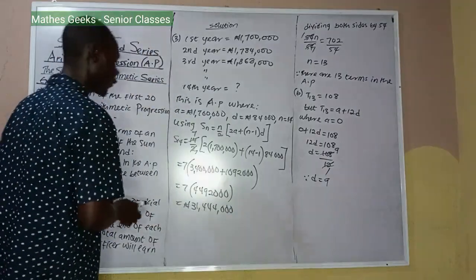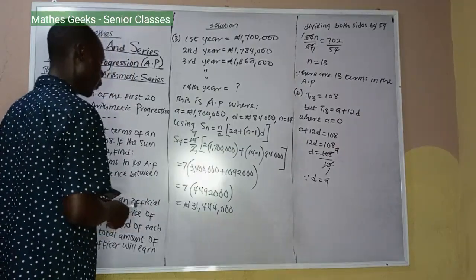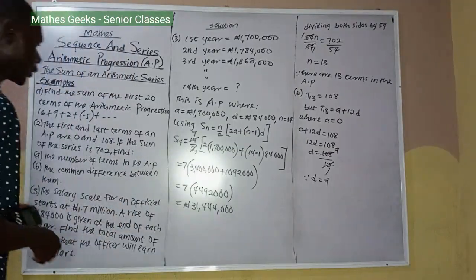So 31.4 million naira is what he will be earning in 14 years' time.